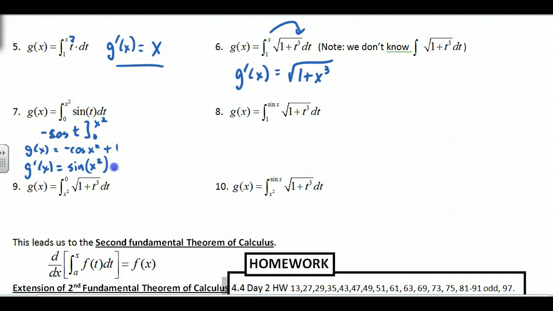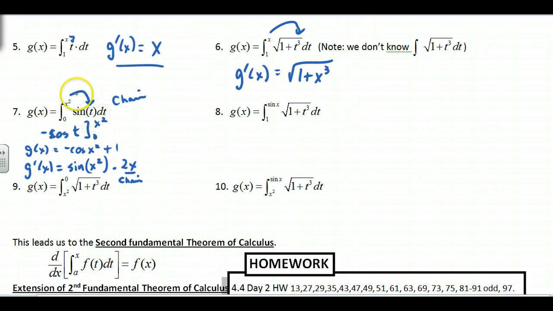Well, I need to chain by this. This is the only little nuance that we have to additionally put in. The constant will go away again. So I plug this in, but I also need to chain because my function in my limit is different than just a plain x.